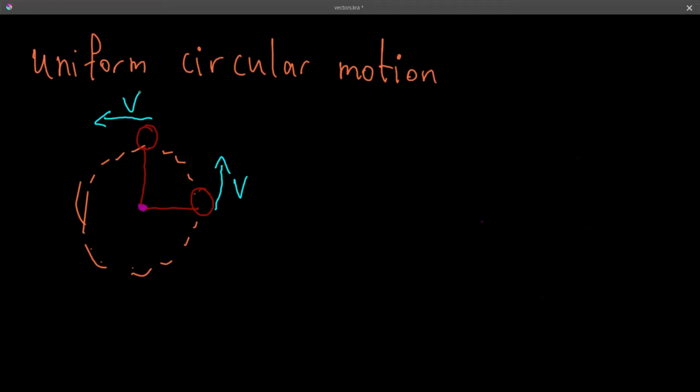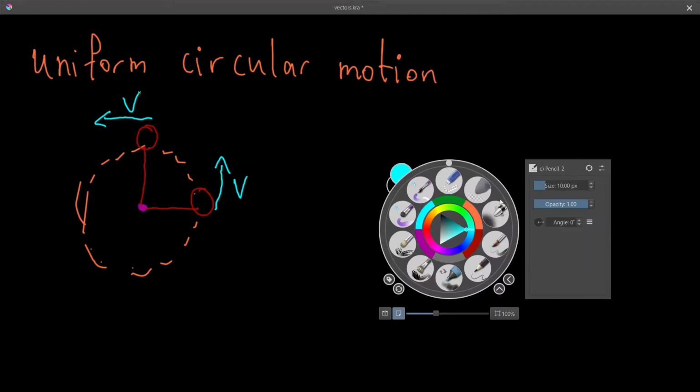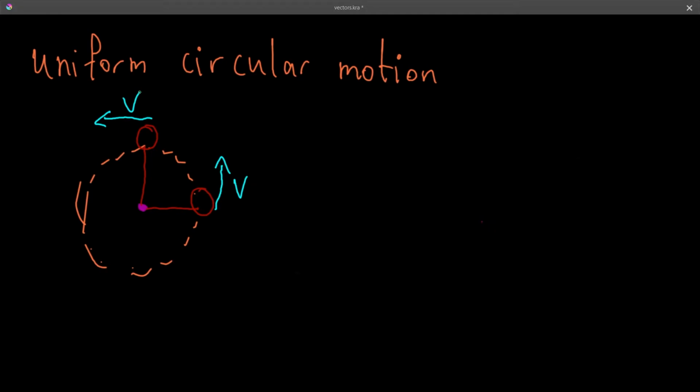And by definition, if I have a change in an object's velocity over a given period of time, then I have acceleration. So one might ask, where is that acceleration? Well, the acceleration of an object in uniform circular motion is always pointed towards the center. In this scenario, the acceleration would be pointed this way, towards the center, and we call this acceleration a centripetal, or a_c for short.